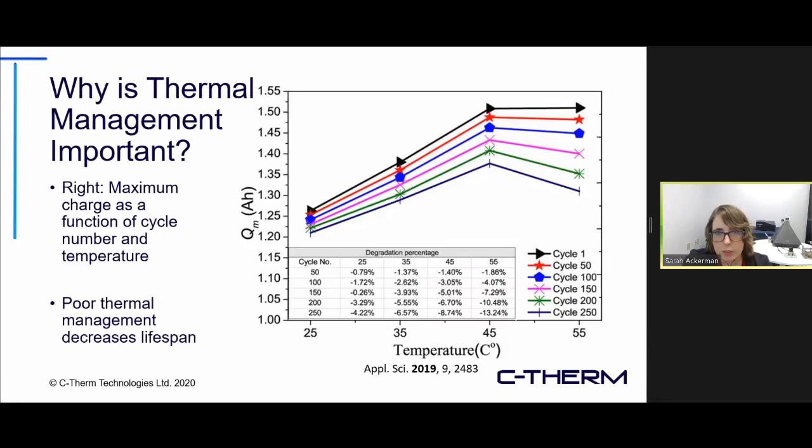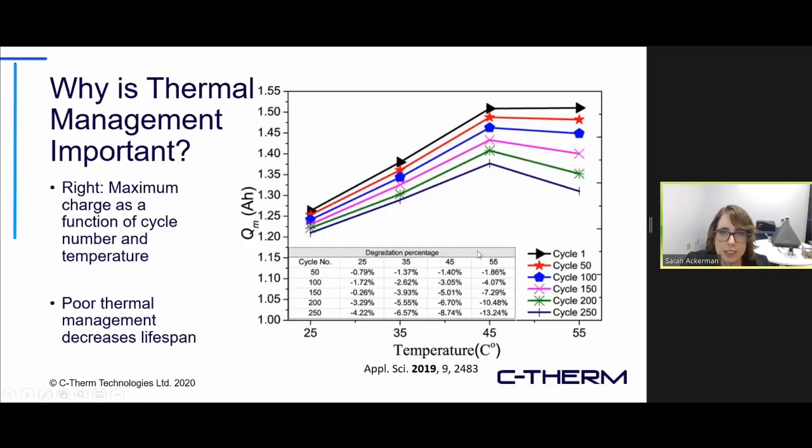In this case, what they were doing was taking some battery cells inside of a calorimeter and charging and discharging them repeatedly over 250 cycles, and plotting how much heat energy was given off during the charge-discharge cycle.